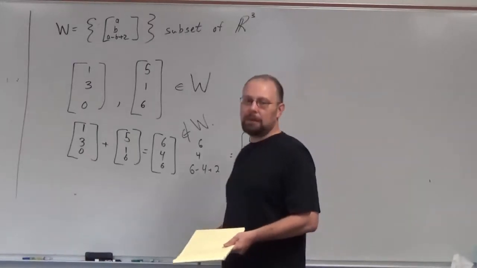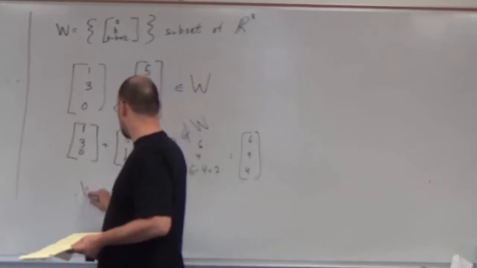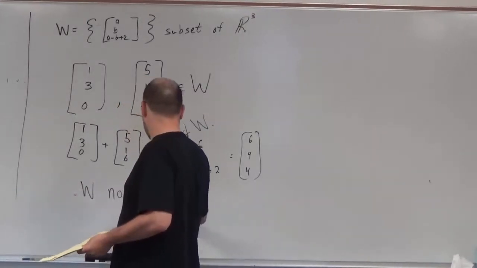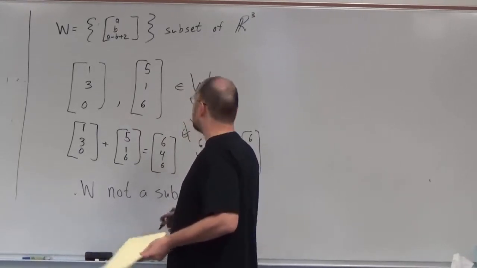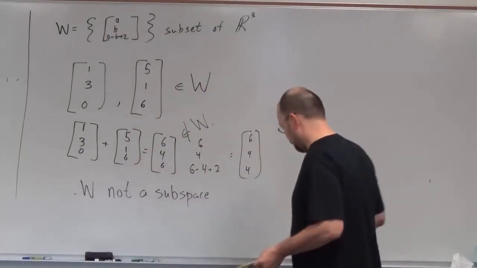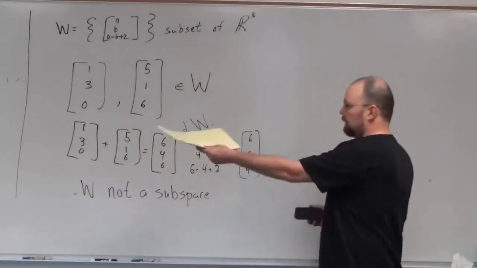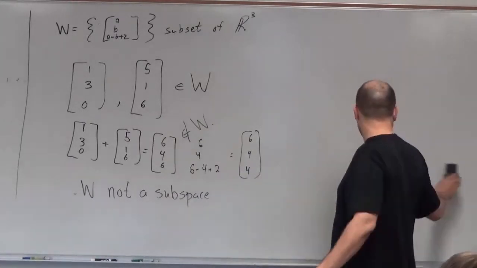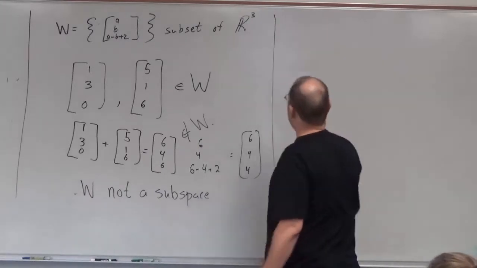Therefore, it cannot be a subspace, a vector space in its own right. So W, not closed under addition, so not a subspace. And it won't be closed under scaling either. But as soon as one of the two closure axioms fails to hold, we know we don't have a subspace, so I stopped.